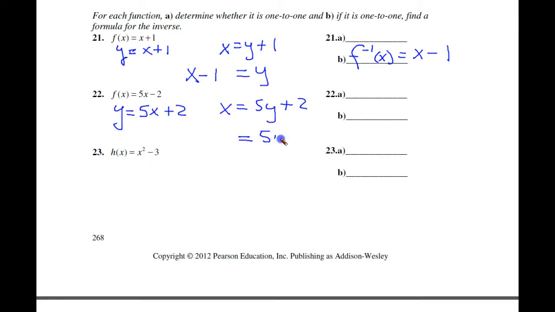Well, we get 5y equals x minus 2, divide both sides by 5, and then change the symbol. This will be f inverse equals x minus 2 over 5, and this is not one-to-one.